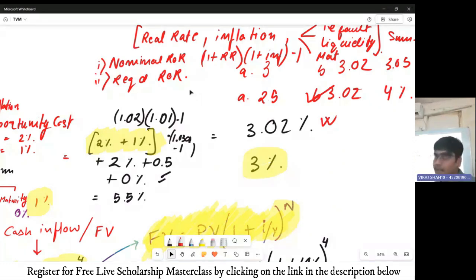In the answer, write risk-free nominal rate.